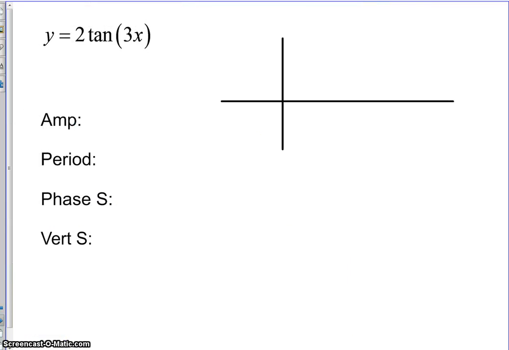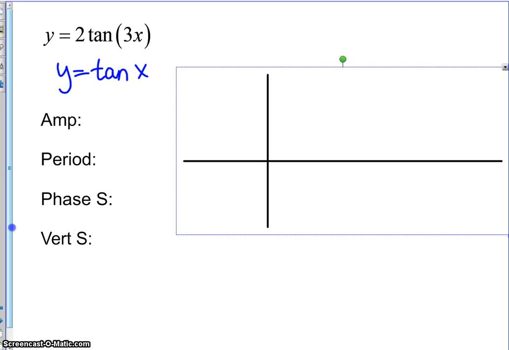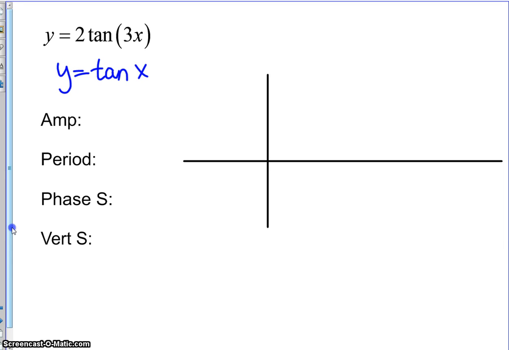Let me see if we go through some examples here. And then we do have to deal with amplitude and period and phase shift and things like that. So let's first just start with, how do we graph this? Tangent of x. What we need to know is that it has a period of, usually, pi.